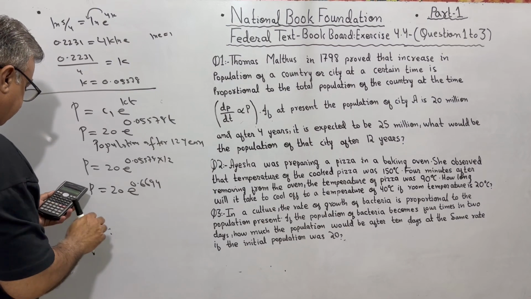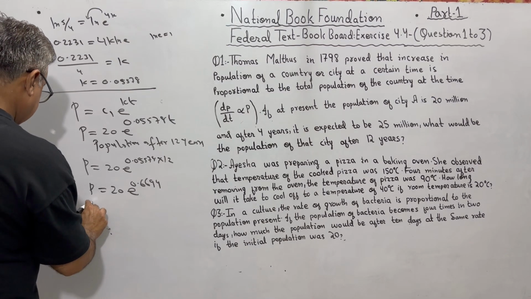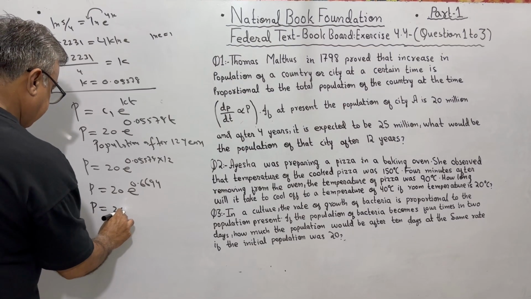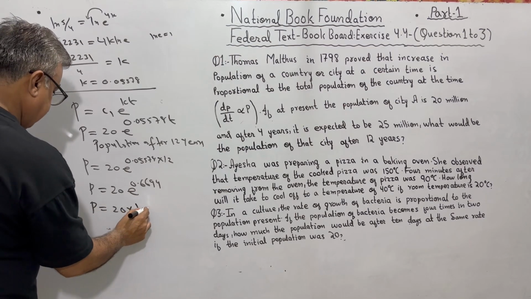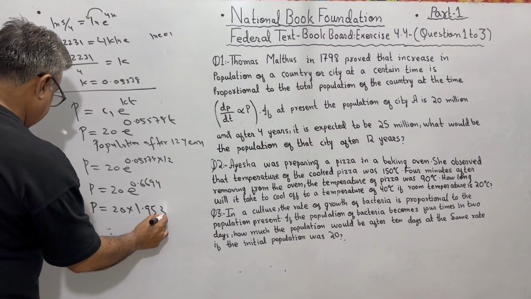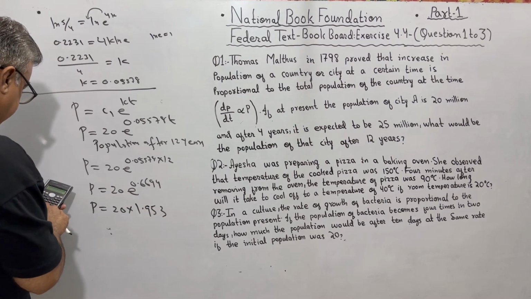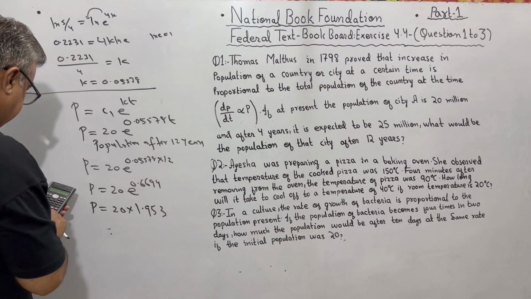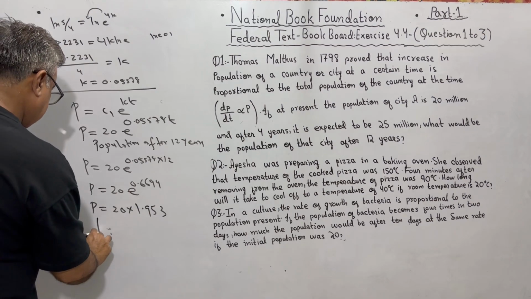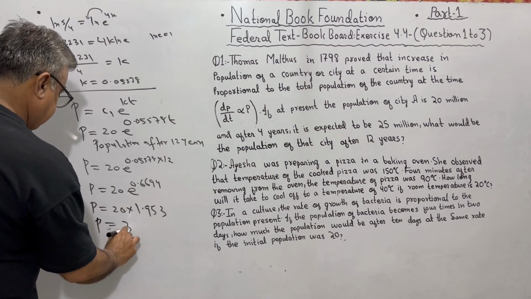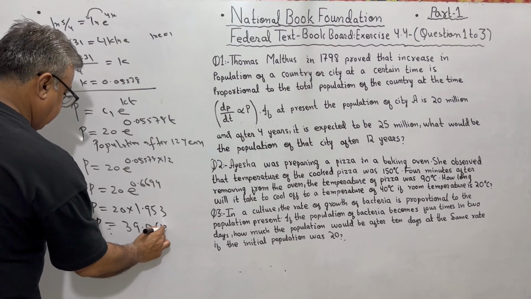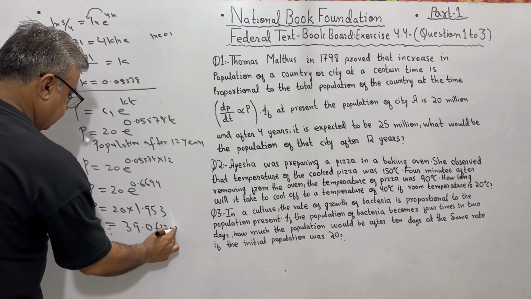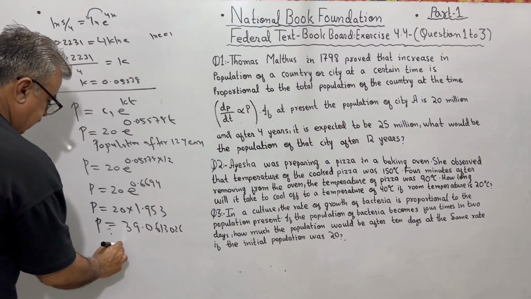I am expecting that you are familiar with how to use the calculator. I have the answer 1.953 and so on. Multiplying by 20, I have P equal to 39.0613026. 39 is enough.